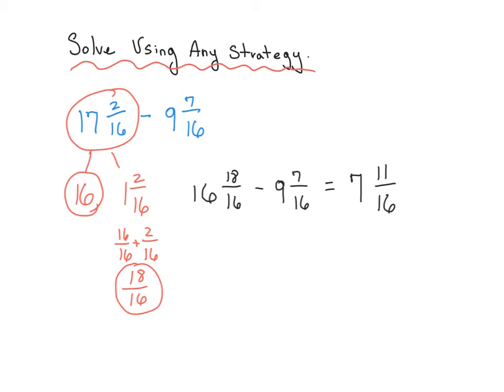And 11/16 we can't simplify because 11 and 16 do not share any common factors. So our answer to 17 2/16 take away 9 and 7/16 is 7 and 11/16.